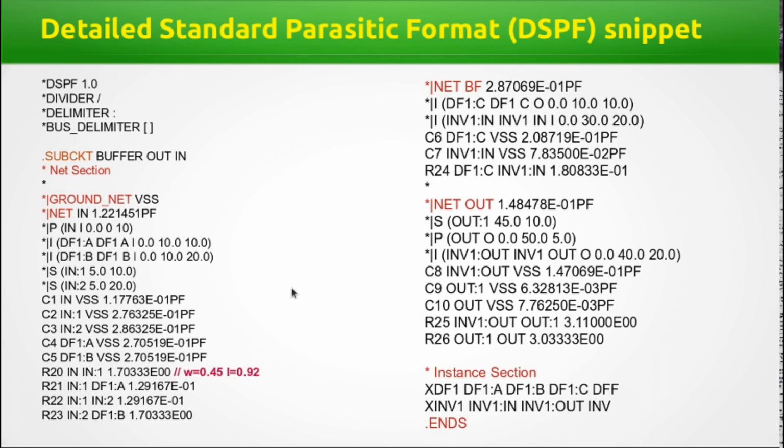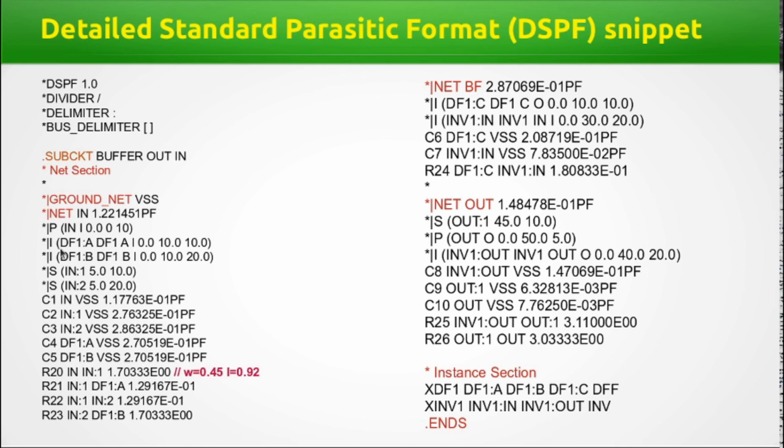Here the snippet of a DSPF is shown. It will also contain a header section. The difference between the SPEF and DSPF is that the DSPF is ready for SPICE simulation. So there will be a sub-circuit definition. There will be a net section. In this net section, the nets are described, like the ground net.